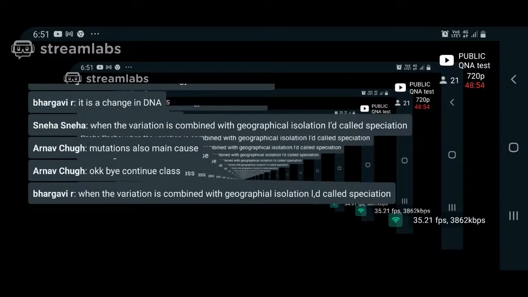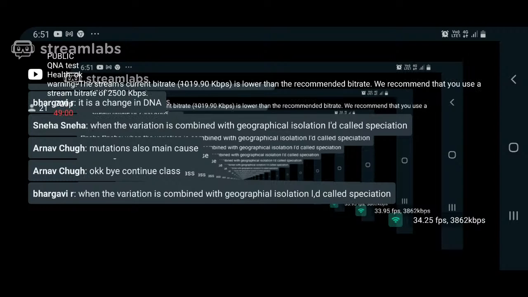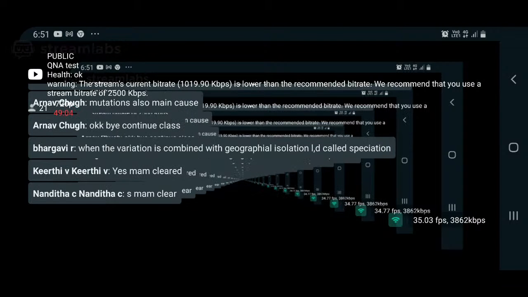What is variation? Variation is the difference in DNA among the individuals, or the difference between the population is also referred to as variation. What is monohybrid cross? The cross between two plants with one different contrasting character.